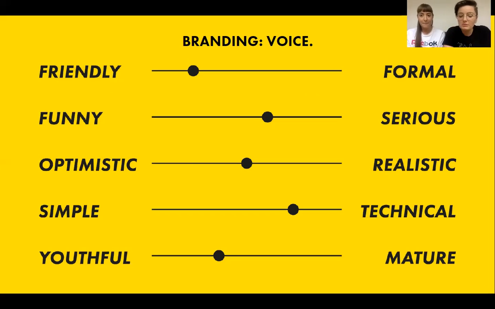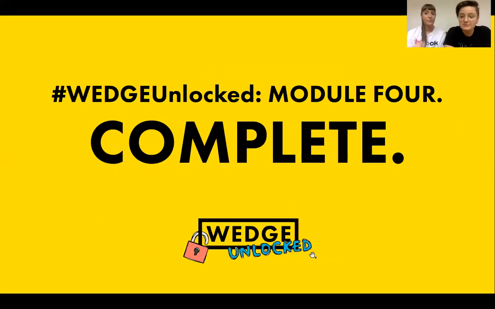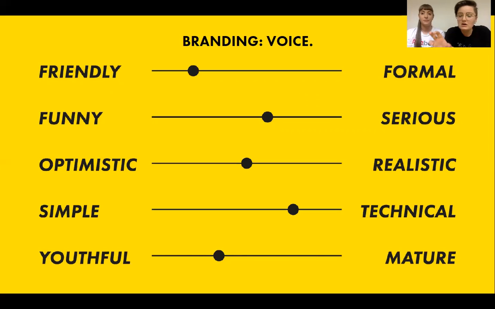So the 4 components that we've just covered, we're going to set the mission statement as your task for this week. But if, at a later point, when you're further on with planning your business, you want to look back at the other 3 components, it will just be really useful to keep track of, because these 4 components, although it might sound a bit boring at the moment because branding is usually thought of as quite a visual thing, it plays a part in what we do every single day at Wedge Collective.